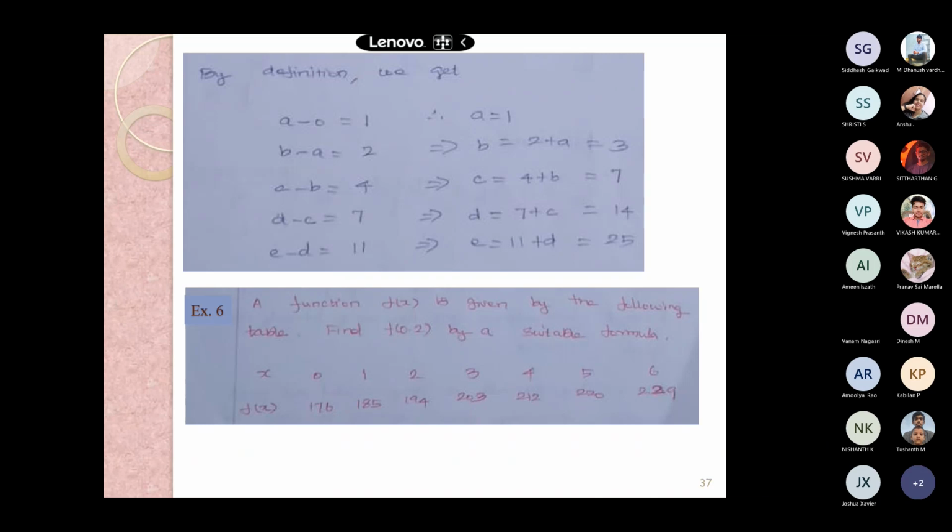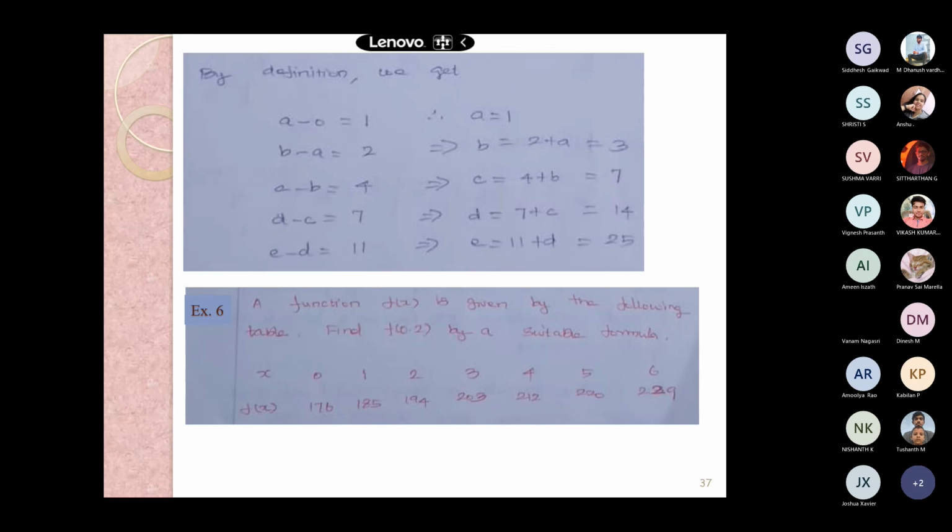The required value is f of 0.2. Since 0.2 is very near to the initial value, it is suggested to use Newton's forward interpolation. When the required value is nearer to the end portion, we need to use Newton's backward interpolation.